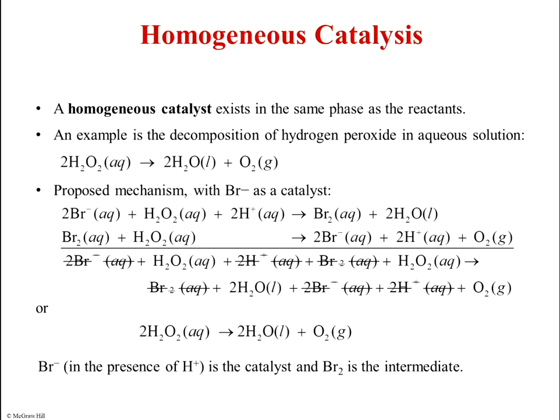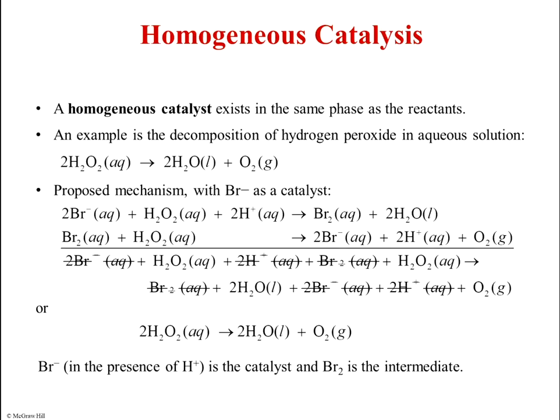The bromide doesn't convert, ultimately. All that happens is the hydrogen peroxide decomposes. And it proceeds by the following mechanism with bromide as the catalyst. The bromide initially interacts with hydrogen peroxide and some protons, some acid, to produce a little bit of aqueous bromine molecules. And then the aqueous bromine molecules further react with hydrogen peroxide to produce bromide and regenerate protons.